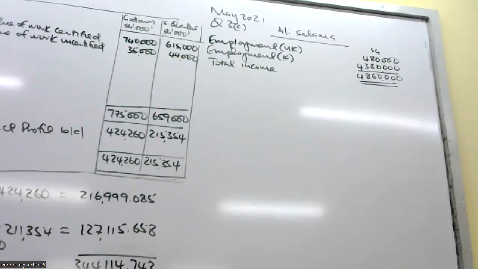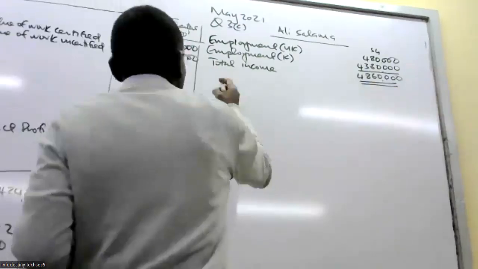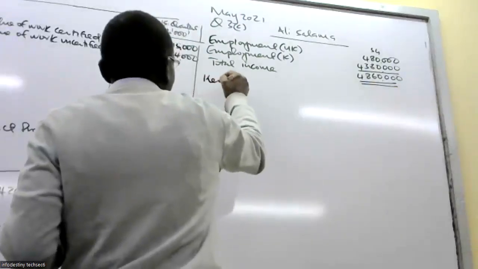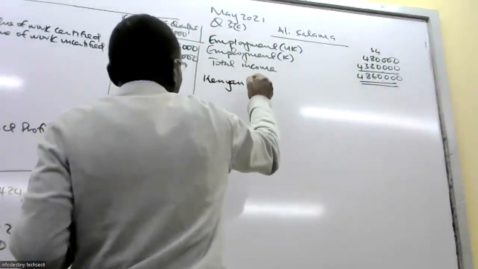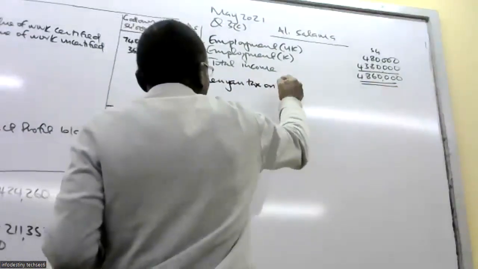So you calculate Kenyan tax on total income minus Kenyan tax on income from Kenya. The difference gives you the Kenyan tax equivalent on the income derived from the UK. You compare it with the tax paid in the UK, which you already have. So Kenyan tax on total income.